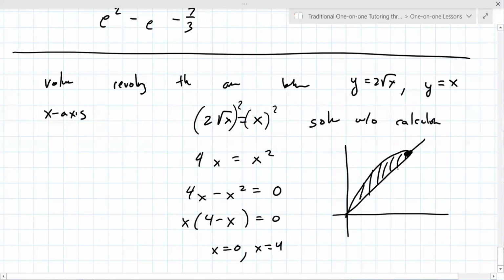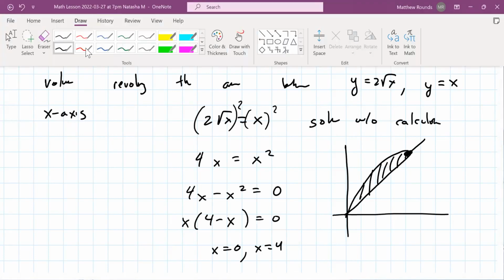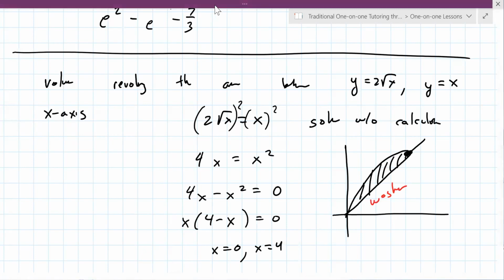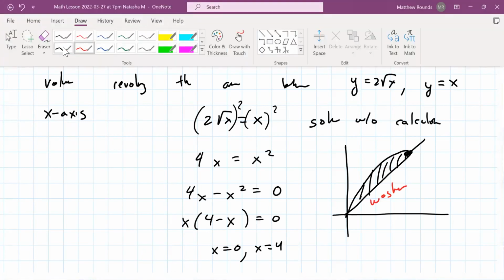So if they don't give you the points, you've got to find the points. If you have a calculator, graph it, find the intersection. If you're more comfortable by hand, do it by hand. Use some technique you've learned in the past. So do you see that this is a washer problem? Yeah. This is a washer problem, and your big R is the top function, 2 square root of x.